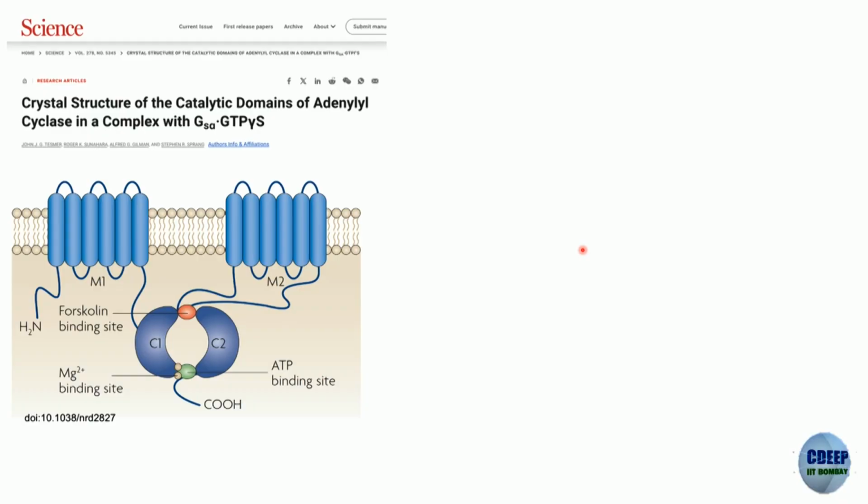It's very interesting. If you look at the structure of this adenylyl cyclase, again it's a multi-pass transmembrane protein. You see it has two different modules. You have M1. It is not like your GPCR. In case of your GPCRs, your N terminus is always extracellular and C terminus is intracellular, right? But these are slightly different. Here your N terminus is also intracellular.